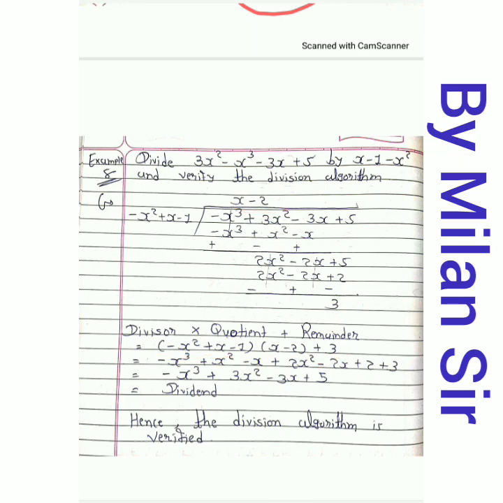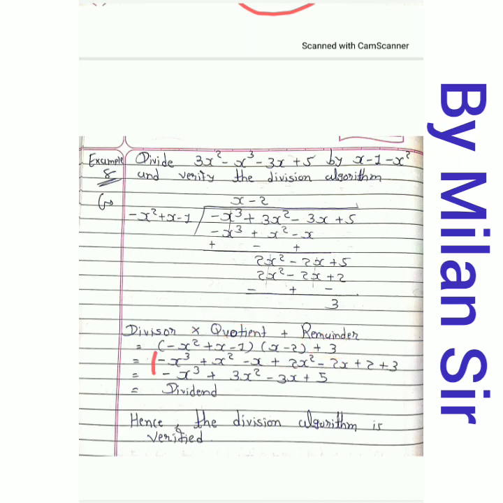So x with minus x square, minus x cube, then x with x, plus x square, then x with minus 1, so minus x. Then second term: minus 2 into minus x square, minus minus plus 2x square, minus 2 into x, minus 2x, and minus 2 into minus 1, minus minus plus 2, and plus 3 as it is.